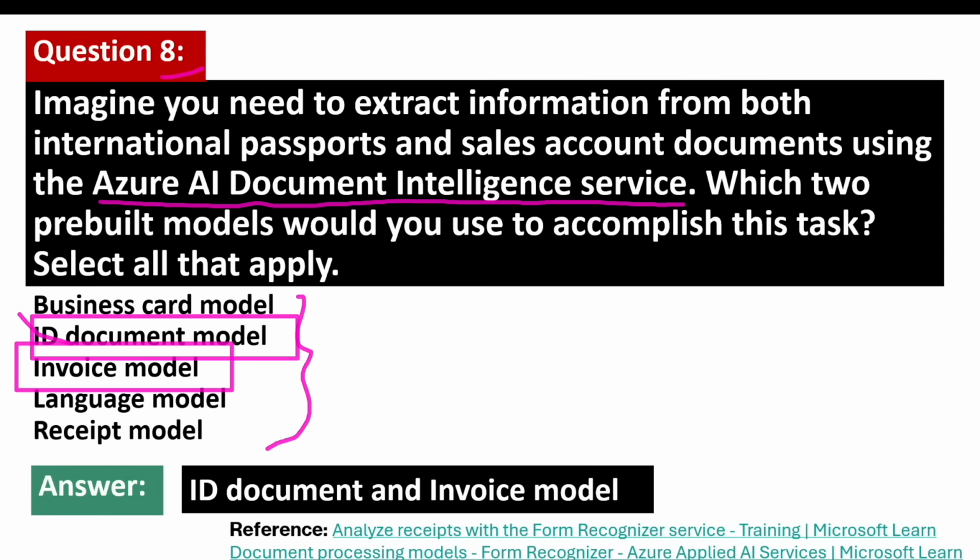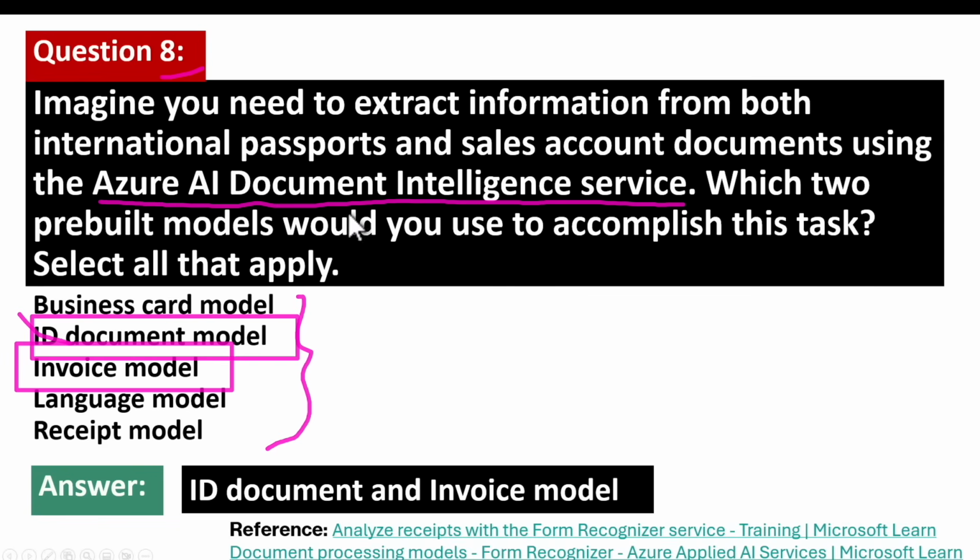Some of the benefits include time saving, accuracy, scalability, etc. So let's look at one of the use cases. In financial services, automating the extraction of data from invoices, receipts, and financial statements can improve their overall efficiency.